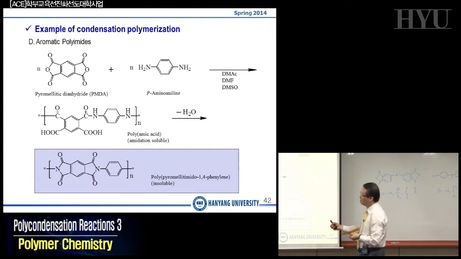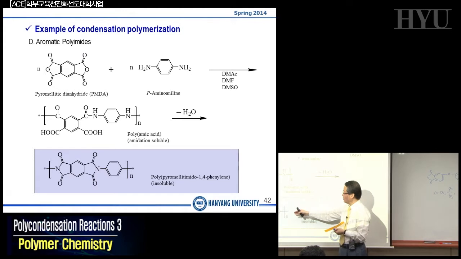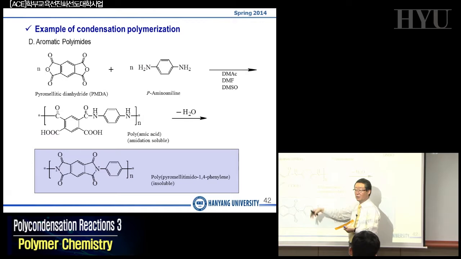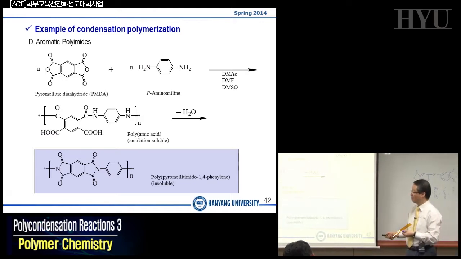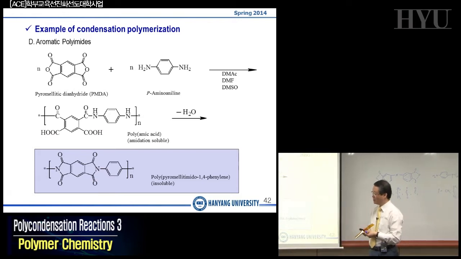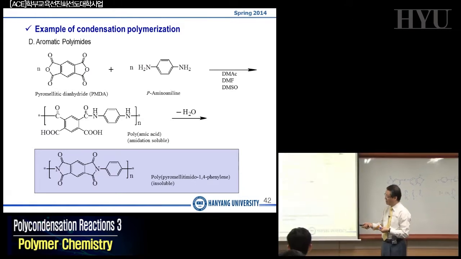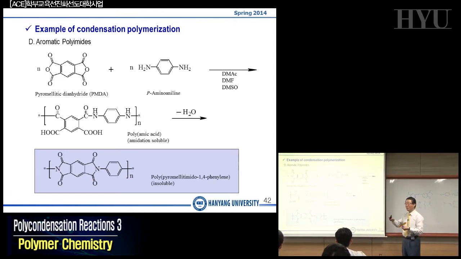But this film is insoluble once you have made this polymer structure. In other words, it will not become amic acid again. It is an irreversible reaction. There are a couple of reasons, but I think they react to become the polyimide structure at high temperature, which is about 300 degrees C. And although I express this as a linear polymer, it's not really a linear polymer, but you may have a little bit of thermal cross-linking.